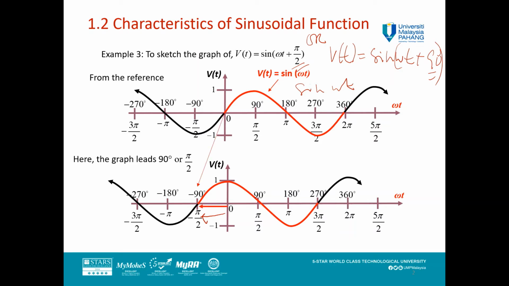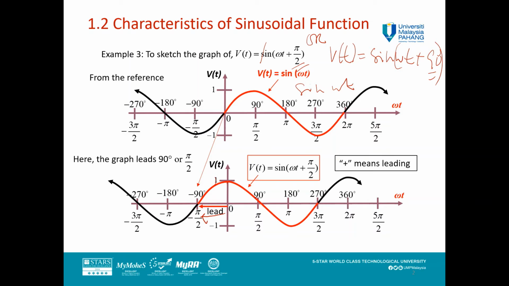The amplitude is one. So v(t) equals sin omega t plus pi over 2. That is how we get the equation from the reference by how much it shifts. Plus means leading.